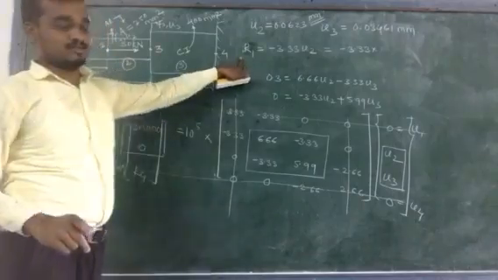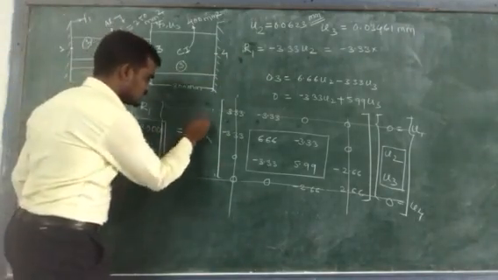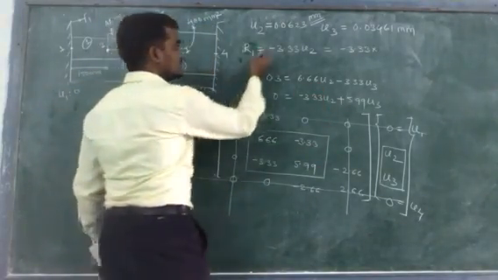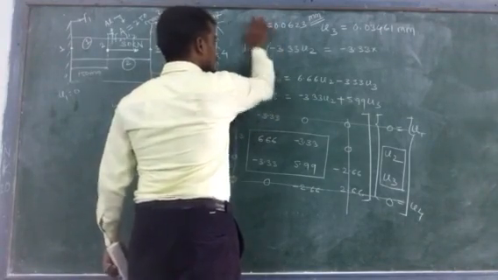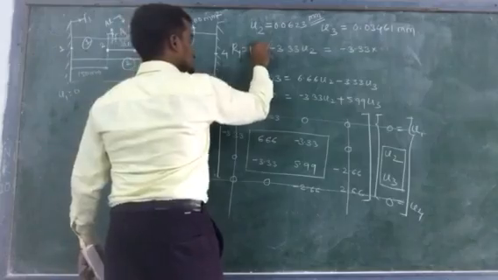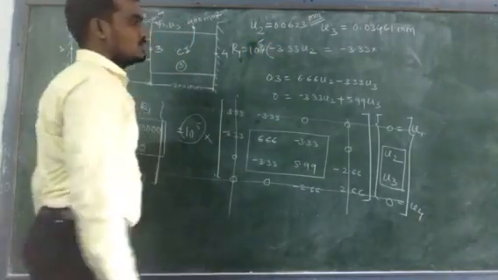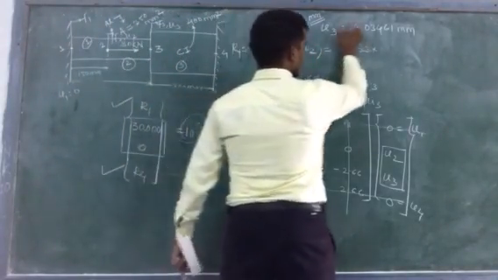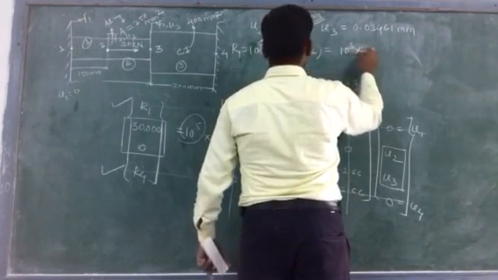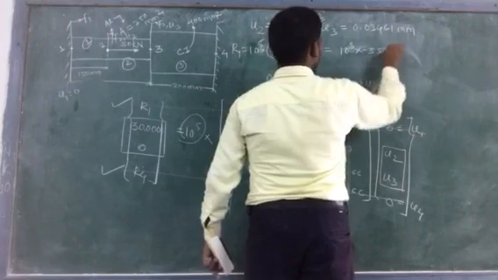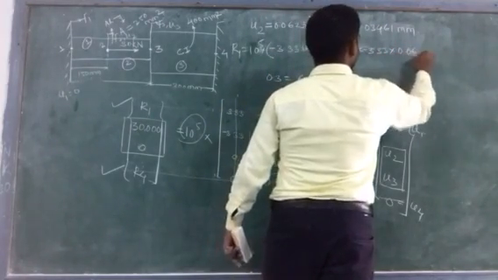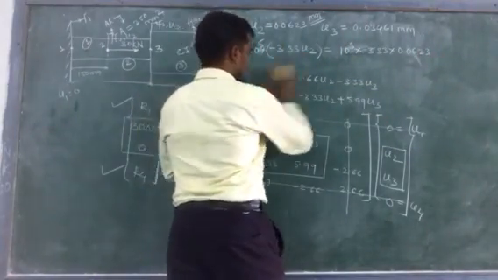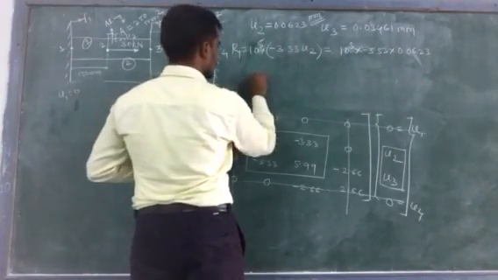Remember that you need to take this 10 raised to power 5, because it is 10 raised to power 5 into this matrix. So that's why you need to take this value 10 raised to power 5. Just don't forget this. 10 raised to power 5 into minus 3.33 into u2, which is 0.0623.